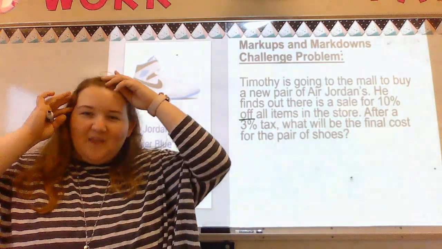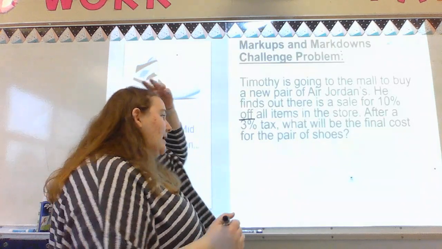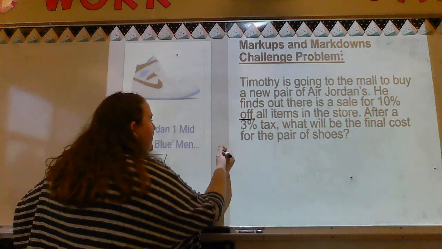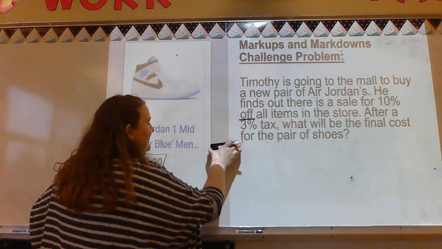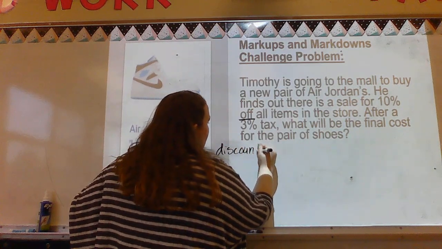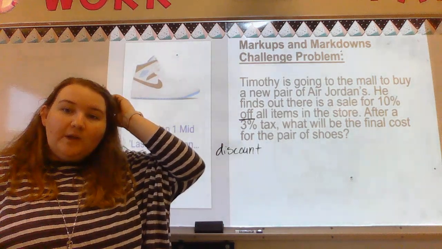So that means we're not just going to use the formula once, we're going to use the formula twice, okay? So we always start, and you might want to write this down, okay? But when we do problems like this, we start with the discount, okay? So whenever you have multiple percents like this, this is the order they're going to go in.